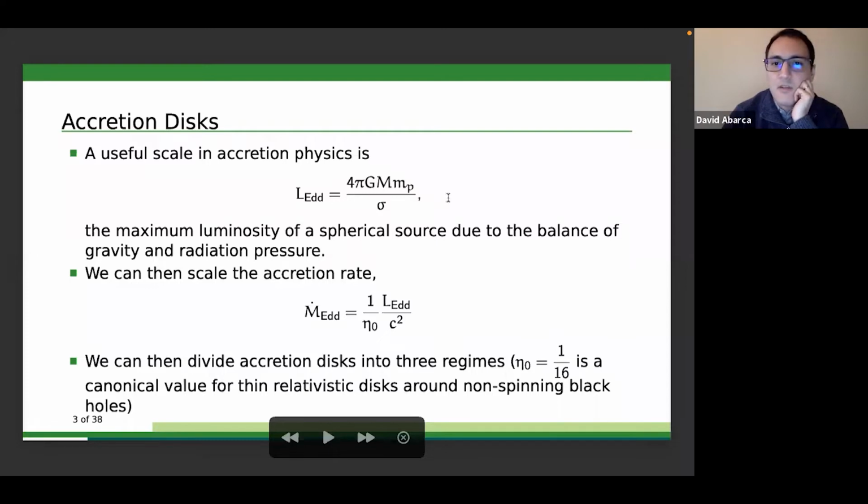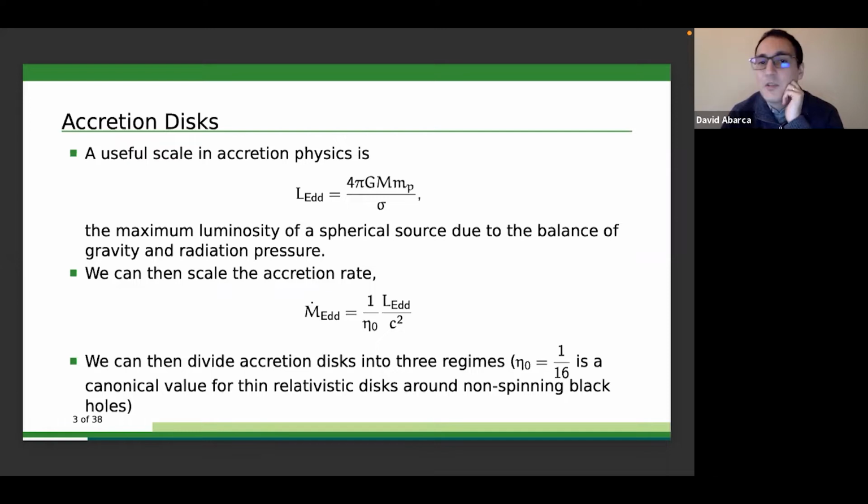What it corresponds to is the maximum luminosity that a spherical source can have due to the balance between gravity and radiation pressure, because the radiation will move out and gravity pulls things in. If something is too bright, then it ends up blowing itself apart. Now, the Eddington luminosity doesn't necessarily apply to accretion disks because they're not spherically symmetric. However, it is useful to get an idea about what regime we are in.